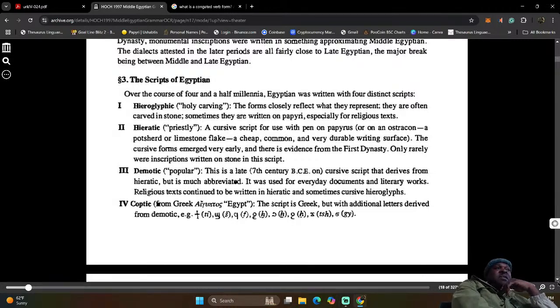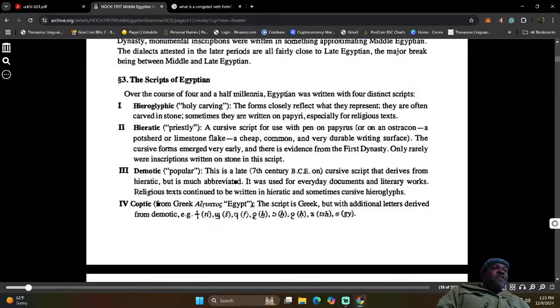Some of us think hieroglyphic, hieratic, demotic, and Coptic are 4 different languages. That would be inappropriate. What we see is 4 different scripts, and only when it gets towards demotic and Coptic do we find so many other loan words that it appears like it's a new language.